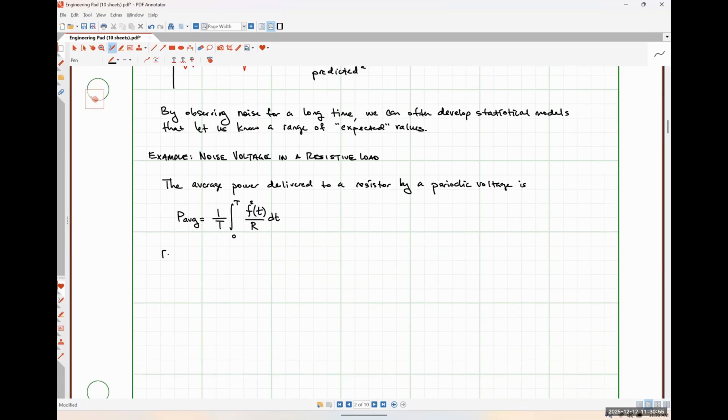For a non-periodic voltage, like g of t, this measurement must be carried out over a longer period of time.